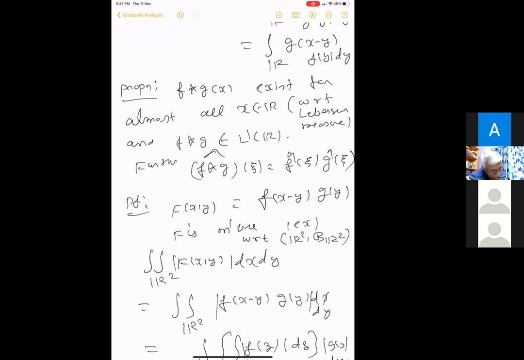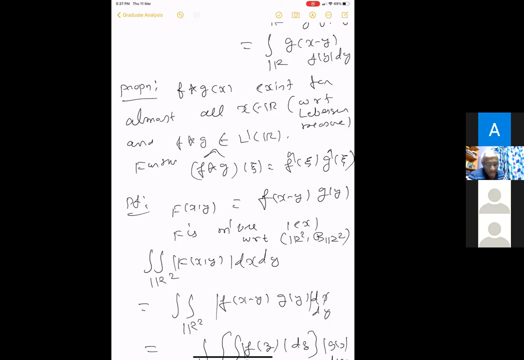Sir, are we assuming f to be Borel measurable? Yeah. When we say L1 of R, it's always Borel measurable. Otherwise, it may not be measurable with respect to the product measure. When we say L1 of R, it is a measurable function which is integrable. How do you integrate a non-measurable function?